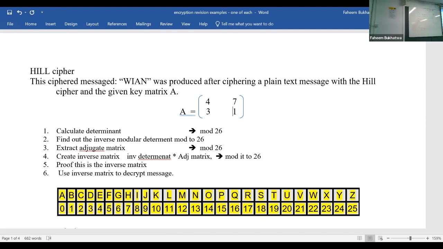How did you start? First you get the determinant for this one. Did you get the determinant for this one? It's 9, right? Calculate the determinant. So just here, number 1, the result is 9. Right, find out the inverse modular determinant.